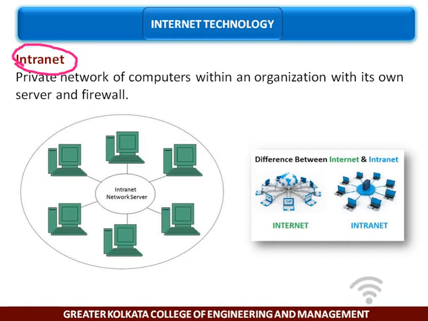Now, intranet versus internet. Apart from similarities, there are some differences. Intranet is a localized network, whereas the internet is a worldwide network. The intranet does not have access to the internet, whereas the internet has access. Intranet is more expensive, whereas the internet is less expensive.